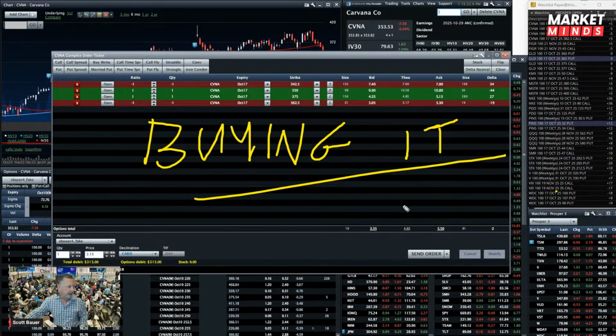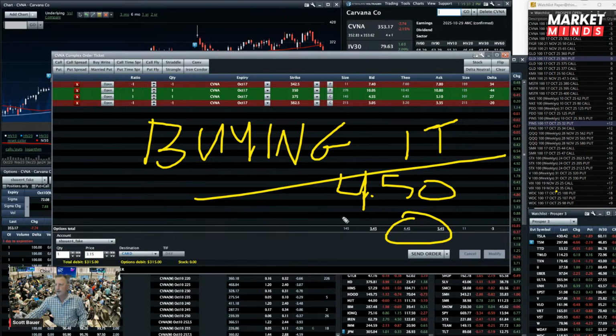Let's say we paid, I know where it's trading right now, let's say we paid $4.50. What is our risk on this iron condor? What we paid for it, $4.50.